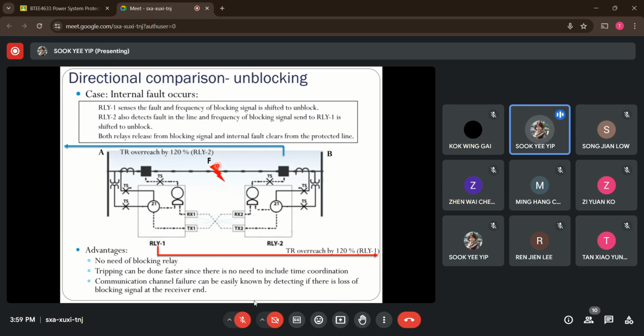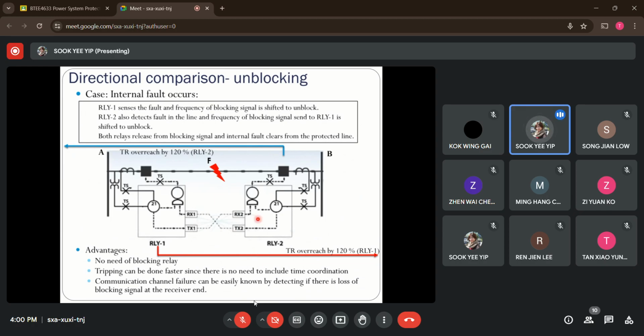So whenever a relay senses a fault within its sensing direction, right, initially I have the blocking signal always being sent via this communication channel, so there's a need to change its frequency value from blocking to unblock. So now both of the relays here will be released from blocking, right? So they will send tripping signals to the breakers right now. So that's how we clear the fault within the transmission line.